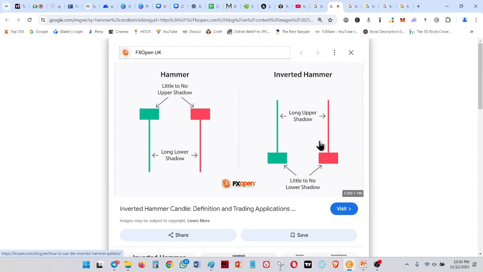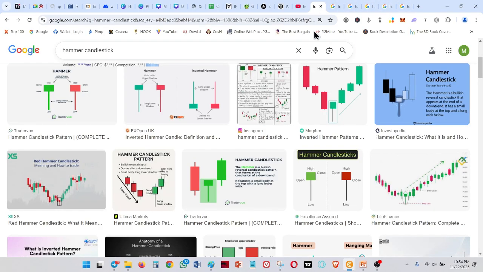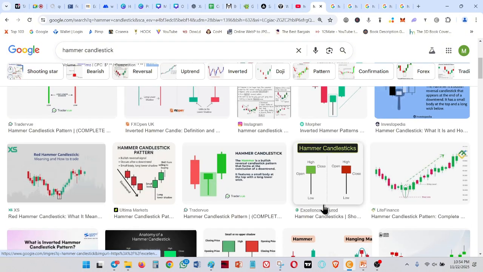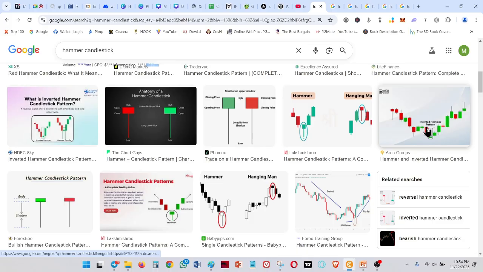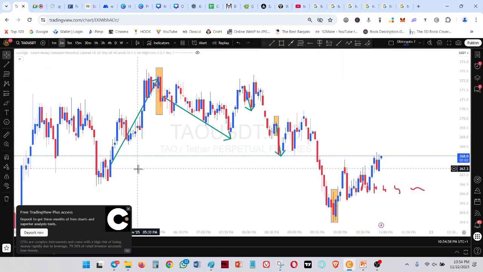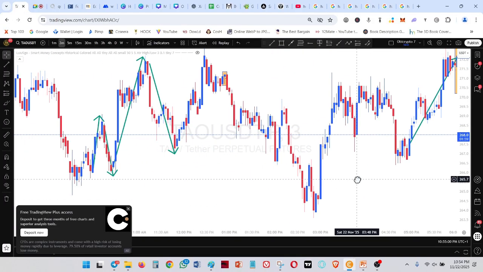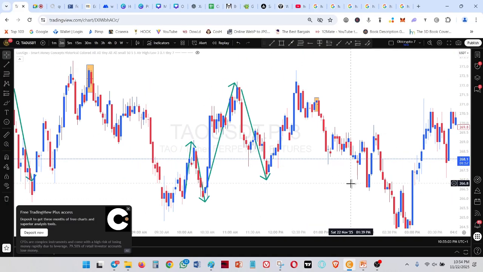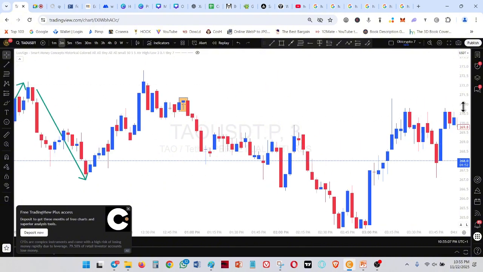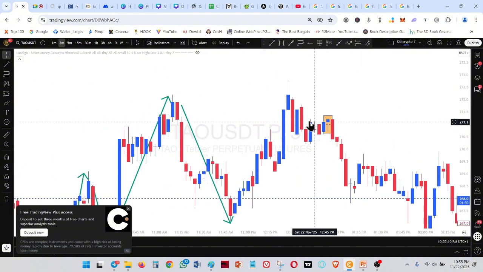Now, where do we find this inverted hammer? Let's look for it on our chart. Now on this chart you can see this is an inverted hammer, but let's go to our chart and see if we can locate it by ourselves so that we know that we are learning. I have seen one, even though it's not as perfect as I would like it.